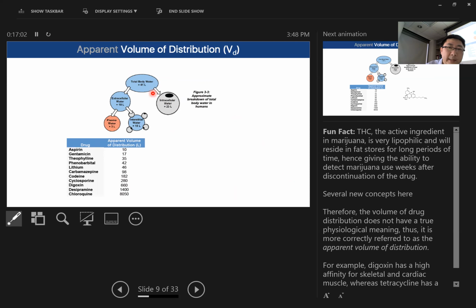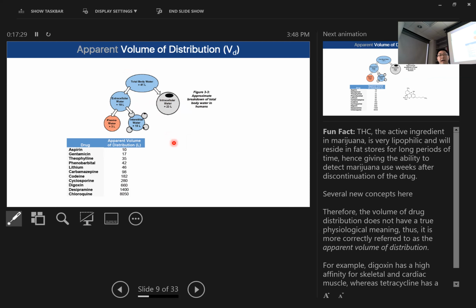If you break that down, you have extracellular water of about 18 liters. For that 18 liters, you have 3 liters in the plasma and 15 liters in the interstitial space. And among this 41, you have 23 in the intracellular space, right? You don't have to remember this, but you should have a general sense.